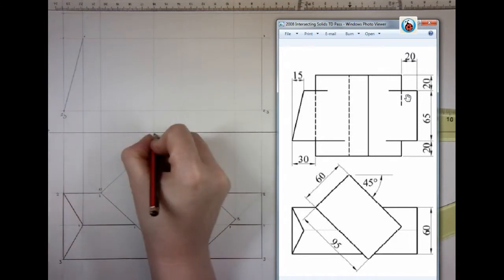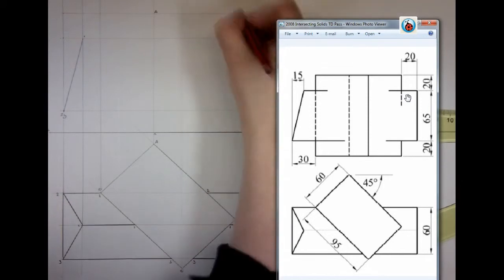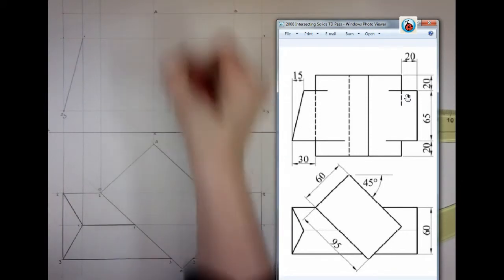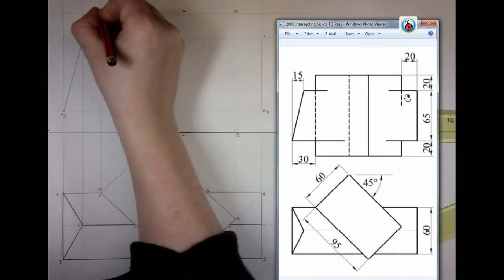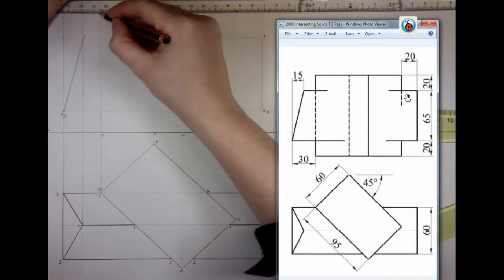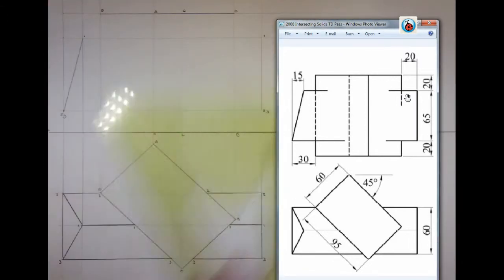So here I'll have the line A. Over here we'll have the line B, C, and finally D. Now I cannot draw in my shape yet as I have not found my points of intersection. So as you can see, we have found 3, 1 and 2 and 3, 1 and 2 on my plan.